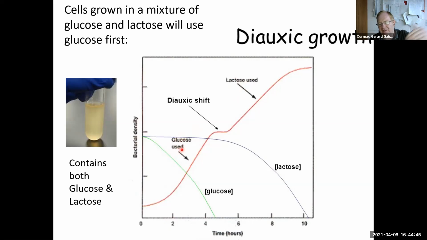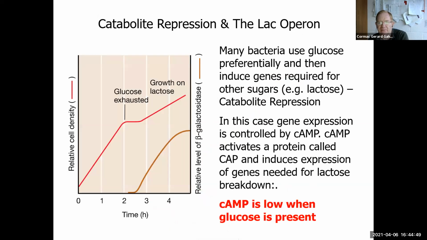So what happens when we add glucose to the system? They did some very clever experiments, and they found a protein called CAP, the catabolite activator protein. You'll find this information online, and every microbiology textbook describes this. And here's that diauxic growth.